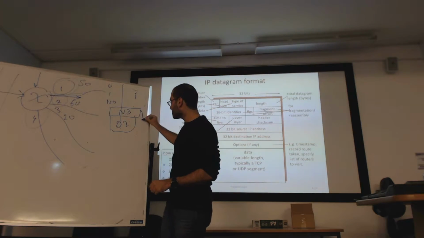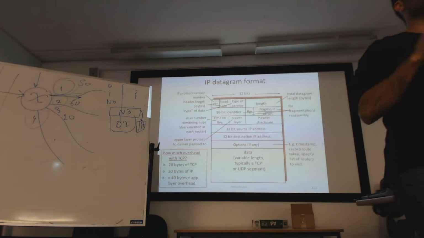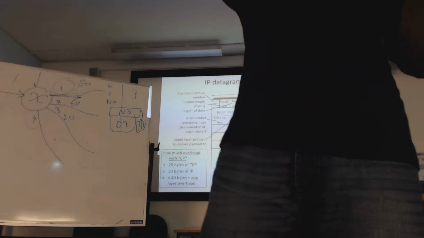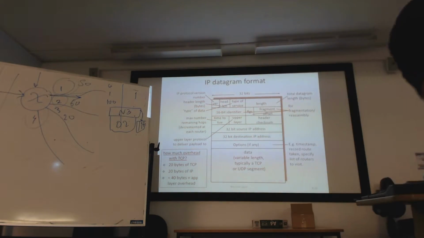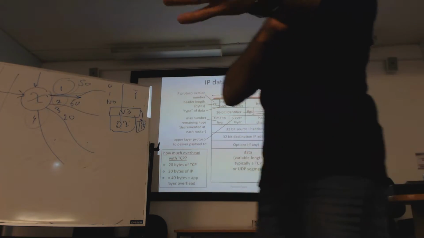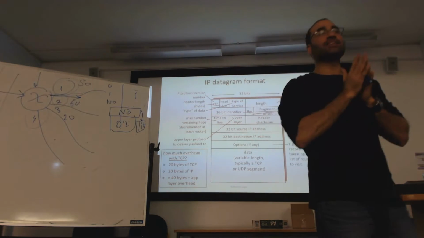So I encapsulate this at the header of the actual datagram and send it. The question is, is there a limit in size? If I'm passing a datagram towards an actual frame in a data link, can I send as much information as I can? Or is there a limit depending on your protocol in the data link layer?